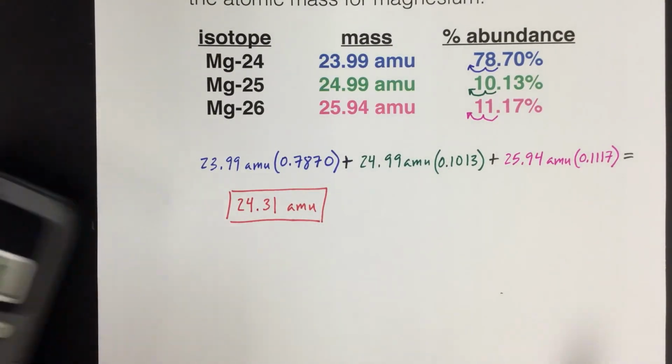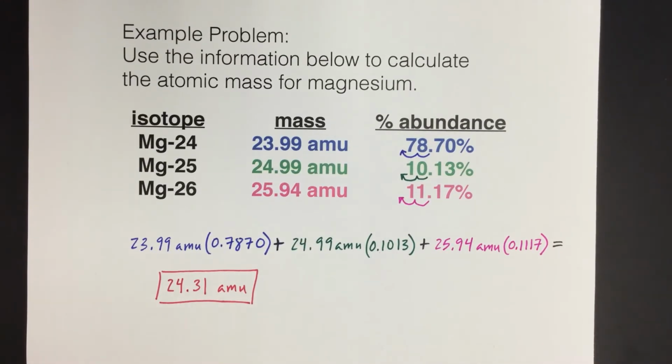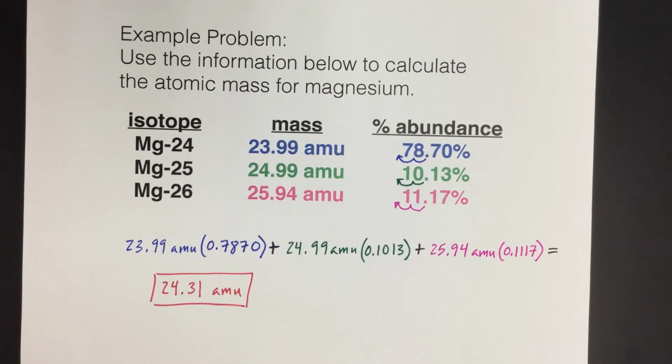All right, so that is the atomic mass that we calculated for magnesium. And the nice thing about these problems, besides what we just did, that we realized it's pretty close to that number there, we can also check our answer in a different way. Right, so we just calculated the atomic mass for magnesium. Where might you be able to check your answer?